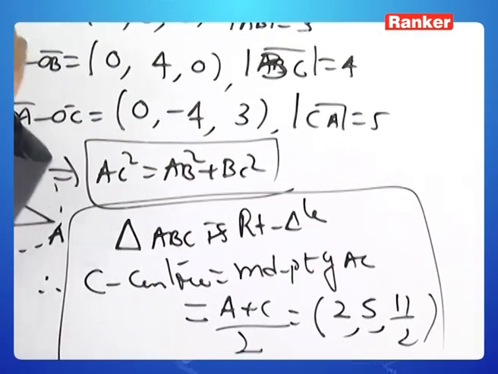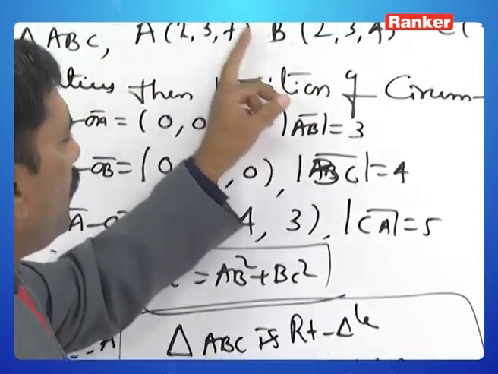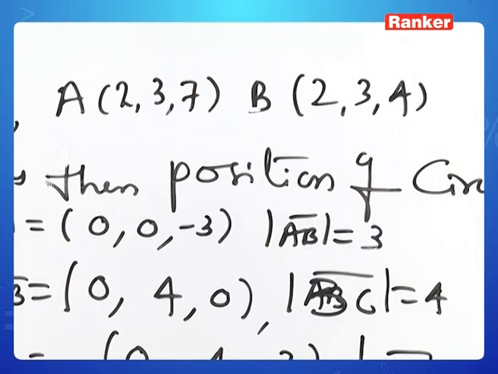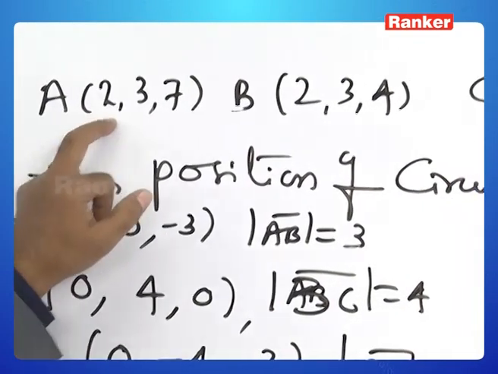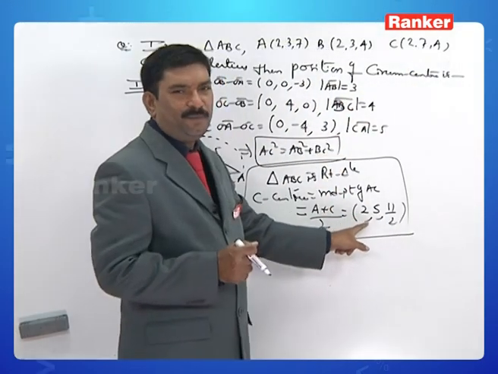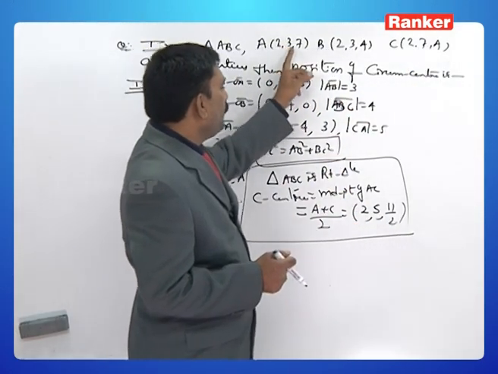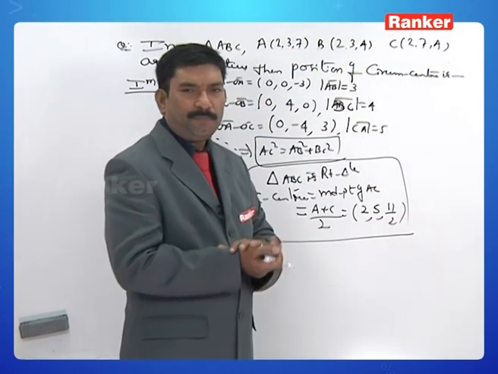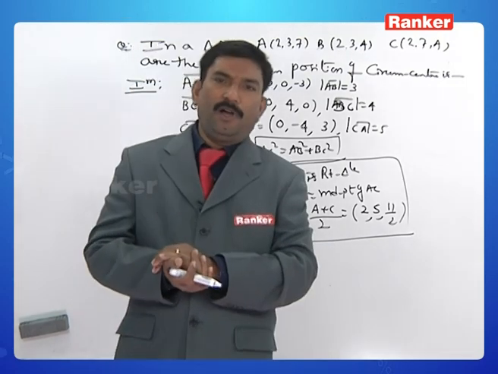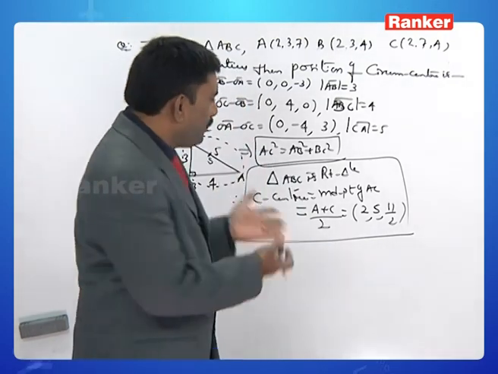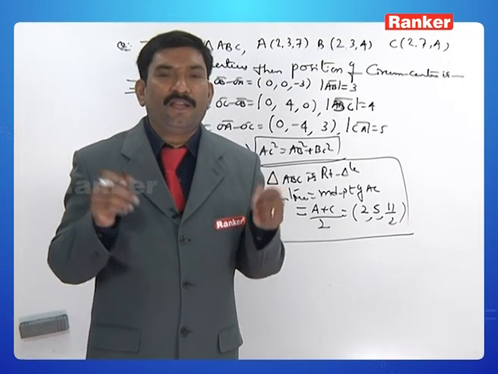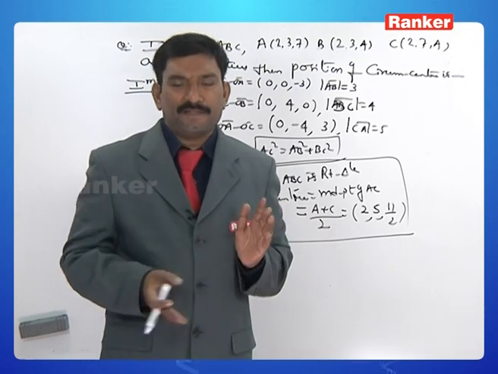You can observe the format. In all 3 vertices, the x coordinate is the same, 2, 2, 2. Therefore the circumcenter's x coordinate is also 2. Next, two y coordinates are the same. Next, two z coordinates are the same. Sir, if this is the case, you can go by this method. The next method is not at all applicable otherwise. I am telling about a particular case.